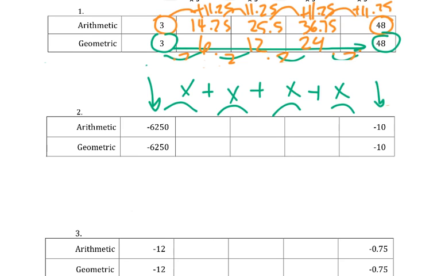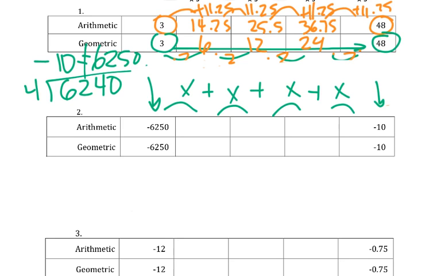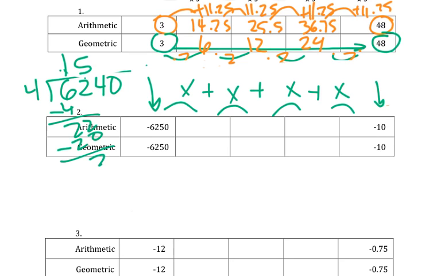So I take the difference, negative 10 minus negative 6,250, which would be 6,240, and I'm going to divide it into 4 pieces.